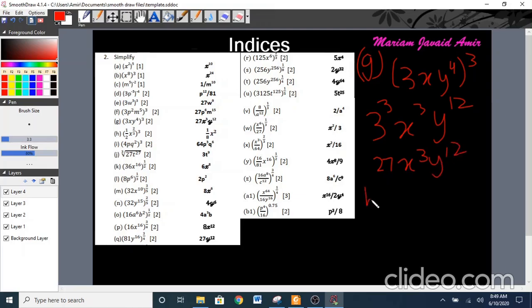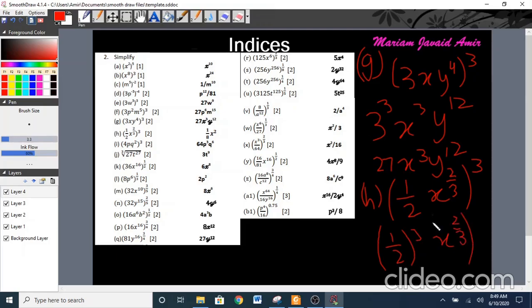Part H, half x 2 over 3 cube. So this becomes 1 over 2 whole cube, and then x 2 over 3 whole cube. For clarity, I've done one extra step.